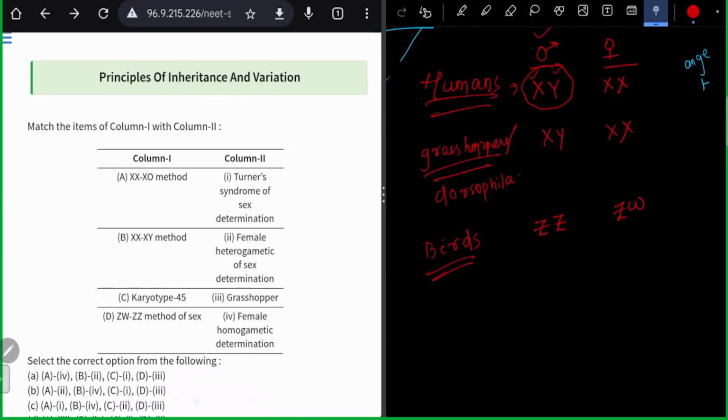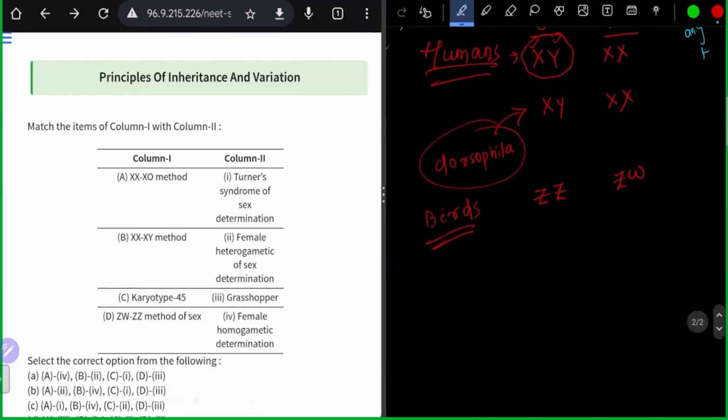Karyotype 45 is Turner syndrome. Then ZW-ZZ is female heterogametic sex determination. Okay, here you only write Drosophila. Your NCERT has Drosophila as an example for female homogametic.